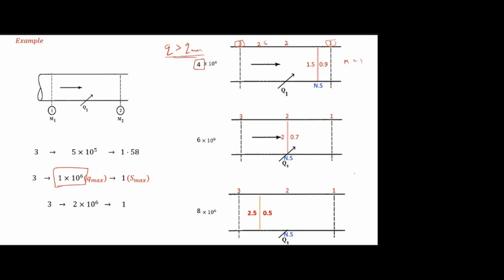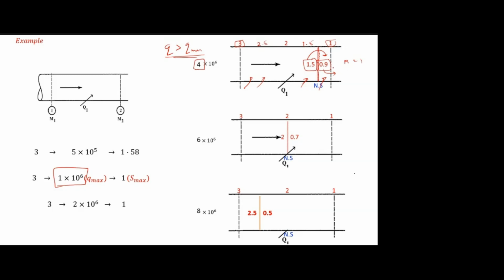Maybe I am getting a Mach number distribution like this, a Mach number contour. So what will happen for Q greater than Q max? There will be a normal shock inside the duct. Assume here I have Mach number 1.5. That normal shock will convert the supersonic Mach number to a subsonic Mach number of 0.9, and we are adding the heat throughout the duct. So what will happen? The subsonic flow will get accelerated and it will reach 1. Is that clear?